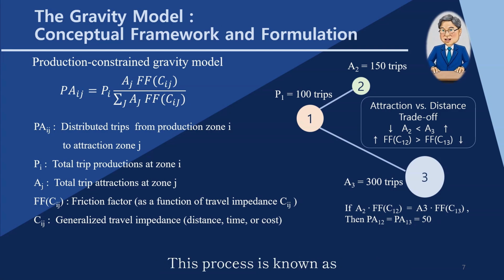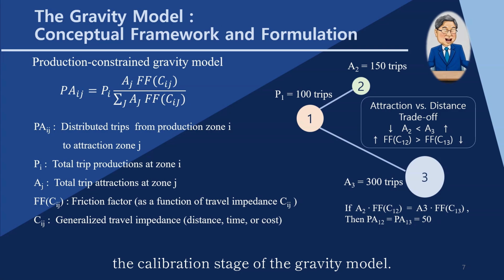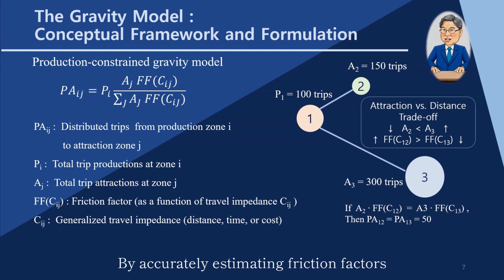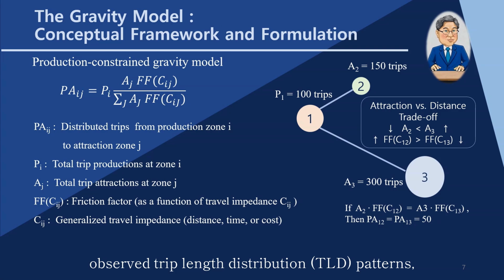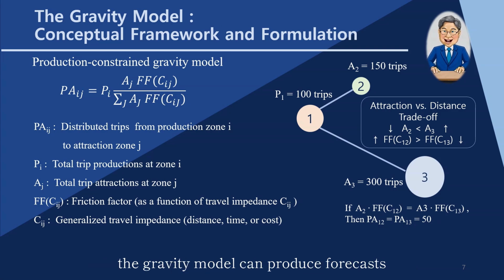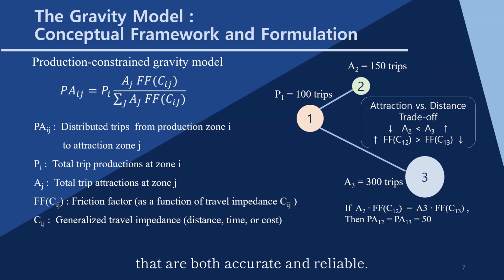This process is known as the calibration stage of the gravity model. By accurately estimating friction factors that can closely reproduce observed trip length distribution, or TLD, patterns, the gravity model can produce forecasts that are both accurate and reliable.